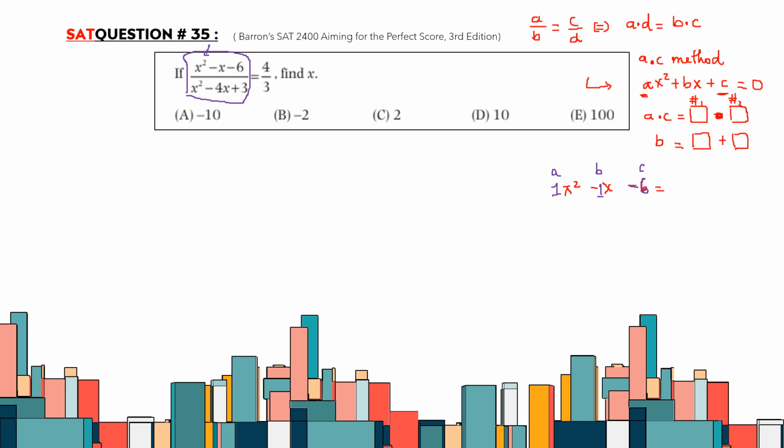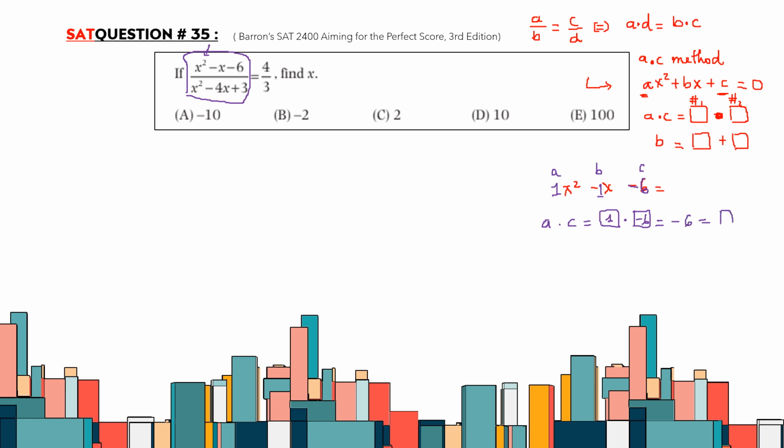Alright, so we have A times C, or C times A, the same thing, that equals 1 times negative 6. A is 1, C is negative 6, that equals negative 6.